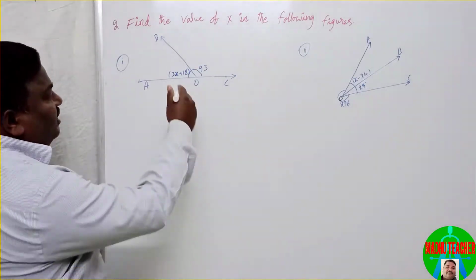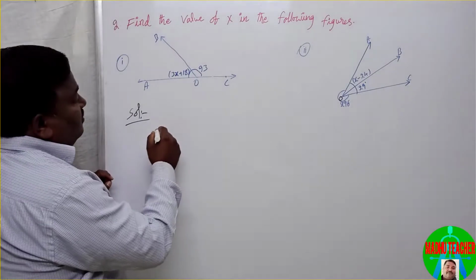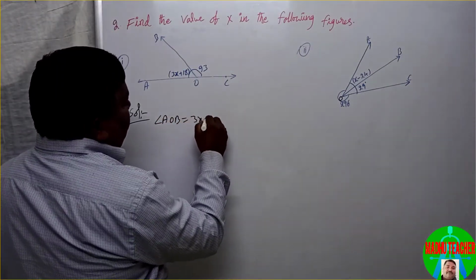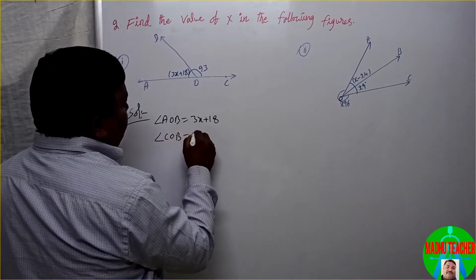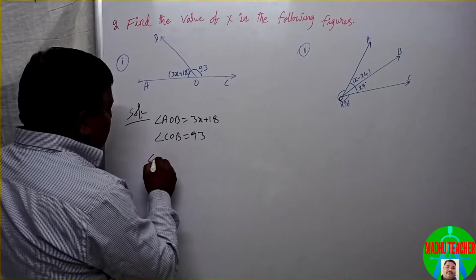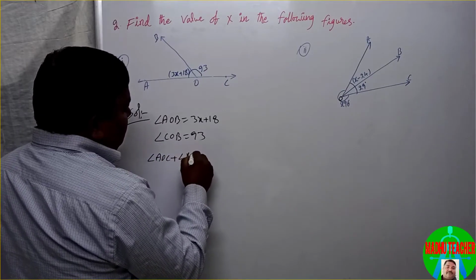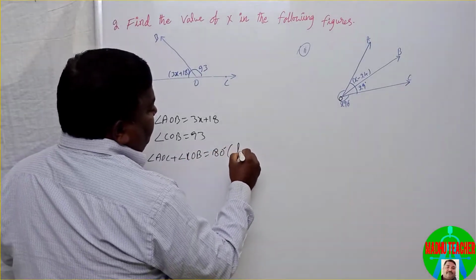Angle AOB equals 3x plus 18 and angle COB equals 93. So angle AOB plus angle COB equals 180 degrees, since linear pair.